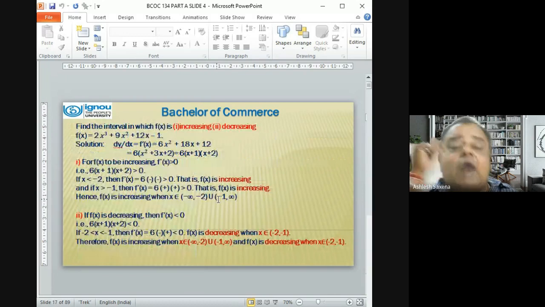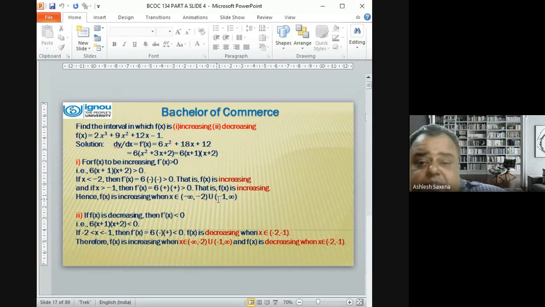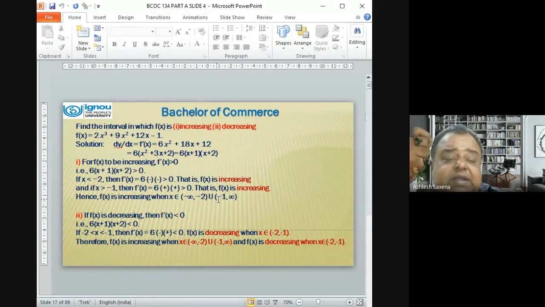Now, how to apply it in a problem? Suppose we have to find the interval in which the function f(x) is increasing and decreasing. Straight away, what we will be doing? We will be finding the derivative. So your function is f(x) is equal to 2x cubed plus 9x squared plus 12x minus 1.